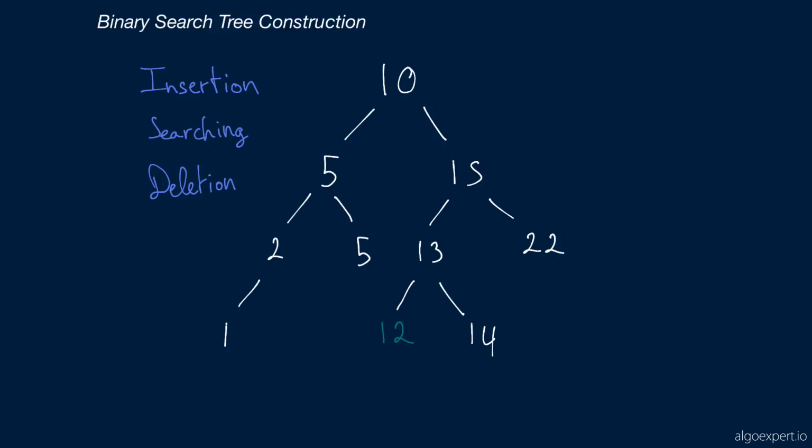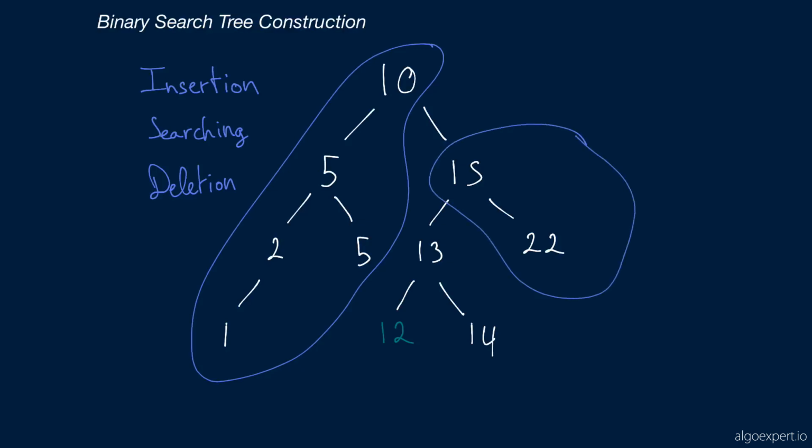We started at the root node, and by realizing very simply that 12 was greater than 10, and that therefore 12 had to be in the right subtree of 10, we eliminated an entire half of the BST. And then similarly, we eliminated an entire half of the remaining BST because 12 was smaller than 15. And then we eliminated another half of the BST because 12 was smaller than 13. And finally, we found the correct location.